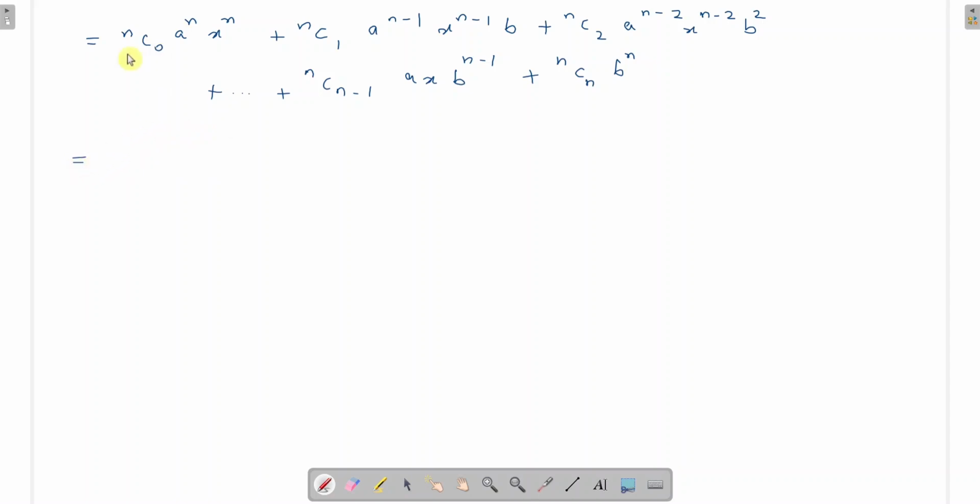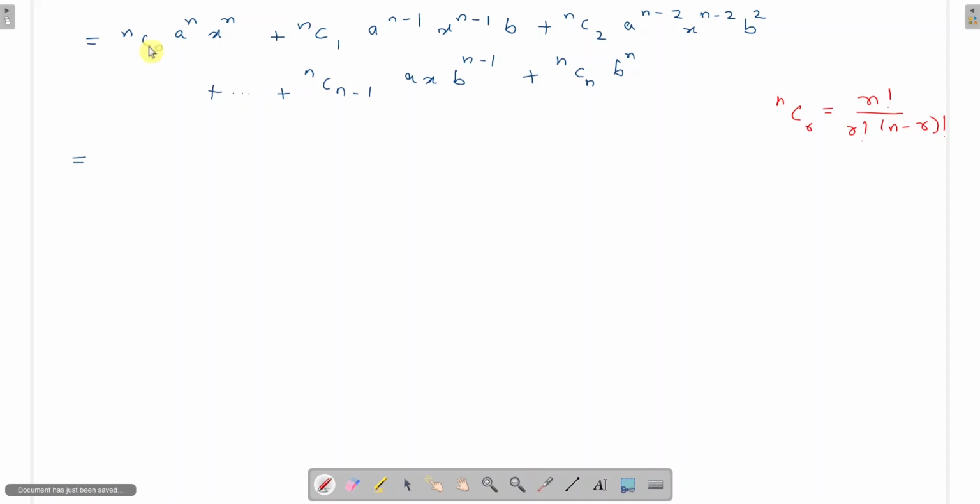Now what we have to do here is write nC0 by using the formula. The formula here is nCr. nCr is nothing but combination, right? n combination r. The formula you have studied is n factorial divided by r factorial times n minus r factorial.